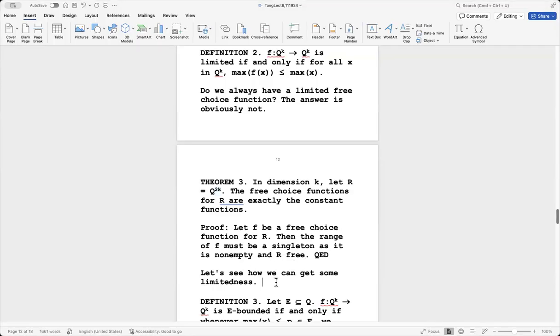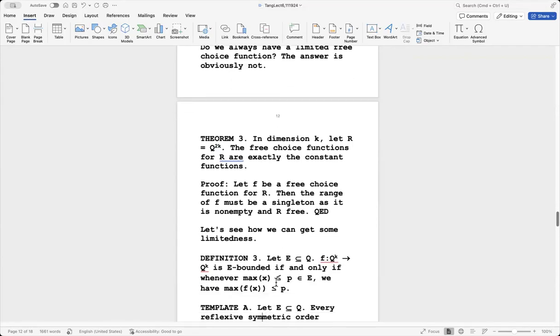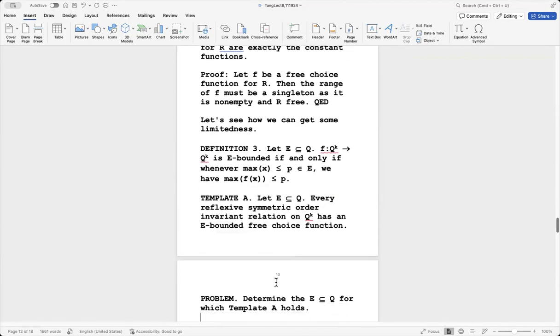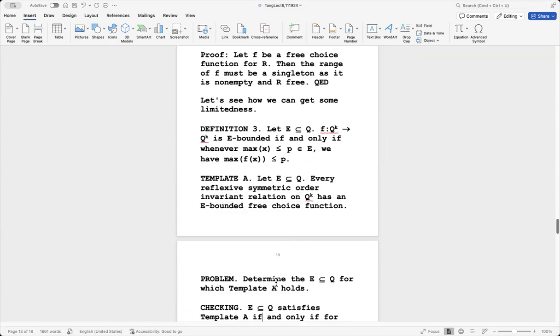But let's see how we can get some limitedness. We can't get it limited, but we can do this. Let E be a set of rationals. Then f is said to be E-limited. I had changed the terminology.